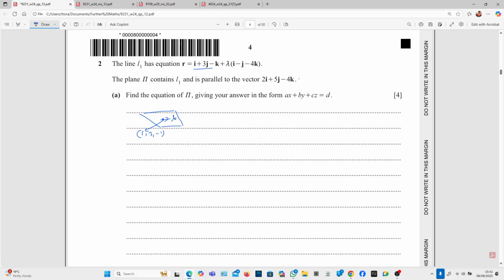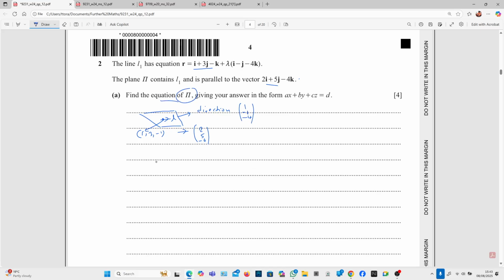Also, the plane is parallel to a vector 2, 5, -4. And at the same time, the direction of this line in that plane is 1, -1, -4.